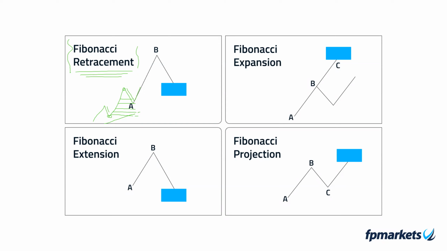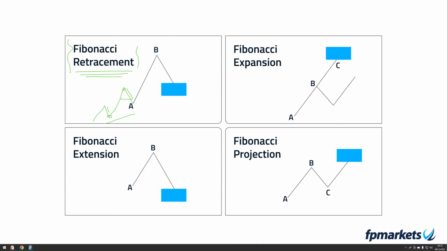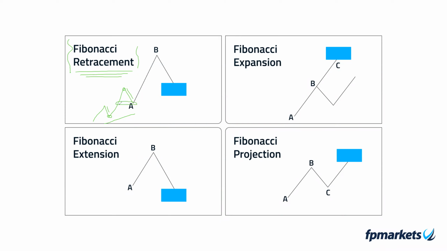Nothing more, nothing less. I mean, we can get a lot more complex with this, which I'll be showing very shortly. You can attempt to identify support through Fibonacci clusters, which means a number of Fibonacci ratios converging in one area.